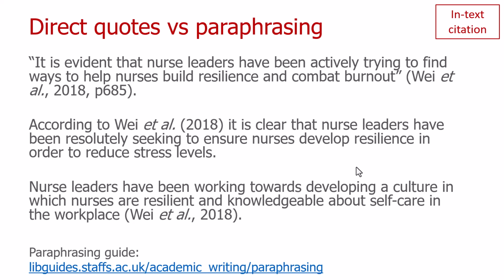So if you want to, pause the video and read the three examples and note the differences between them. I would say that the bottom one is the gold standard. And this is because you're not breaking up your writing style by using a phrase like "according to", and you are not doing a direct quote. Direct quotes only show that you've found the information. They don't demonstrate that you've understood it.